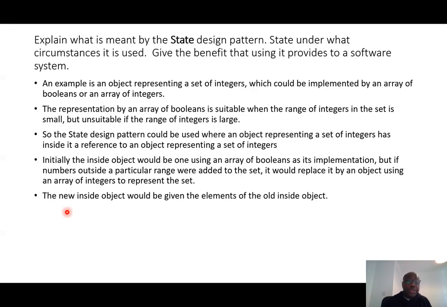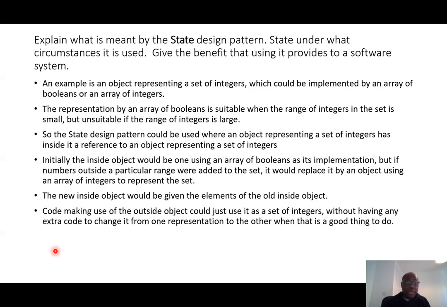The new inside object would be given the elements of the old inside object, which could be either boolean or integer, as the case may be. Code making use of the outside object could just use it as a set of integers without having any extra code to change it from one representation to the other when that is a good thing to do.